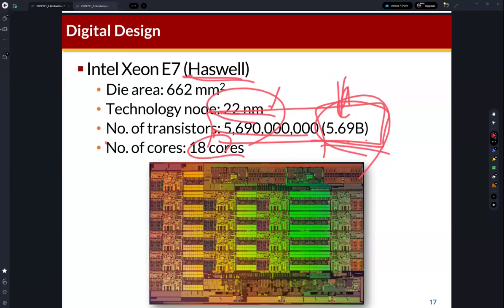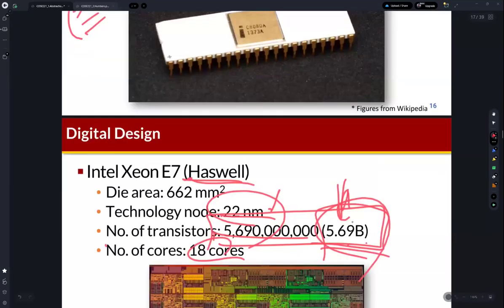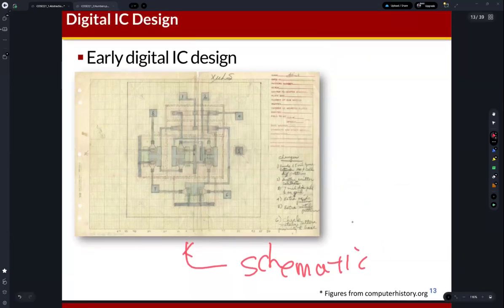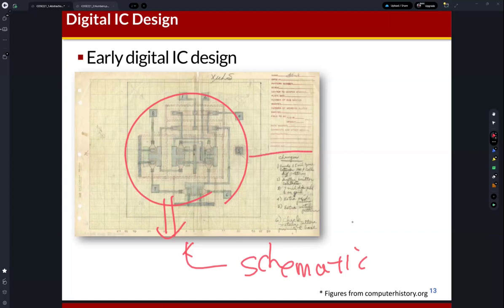Firstly, this is the schematic of a very early, very old circuit. But as you can see, you can find some transistors here, and by drawing some transistors, we can design a chip. In this figure, how many transistors can we find?